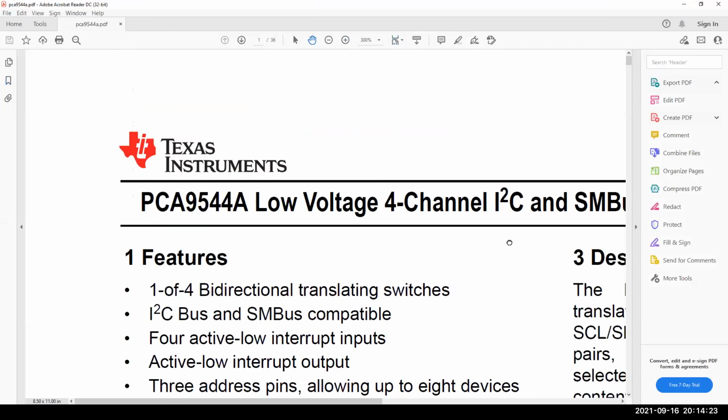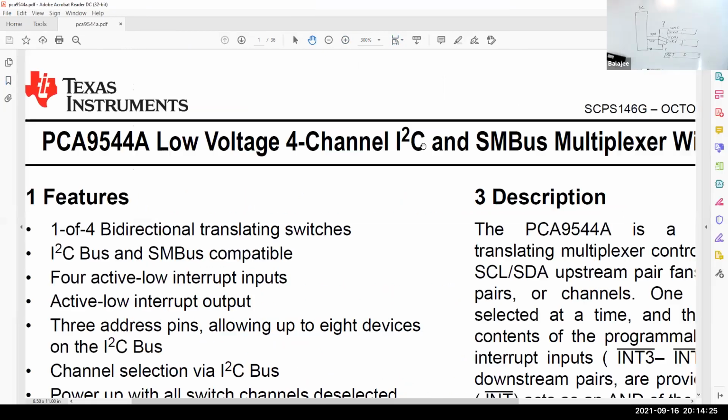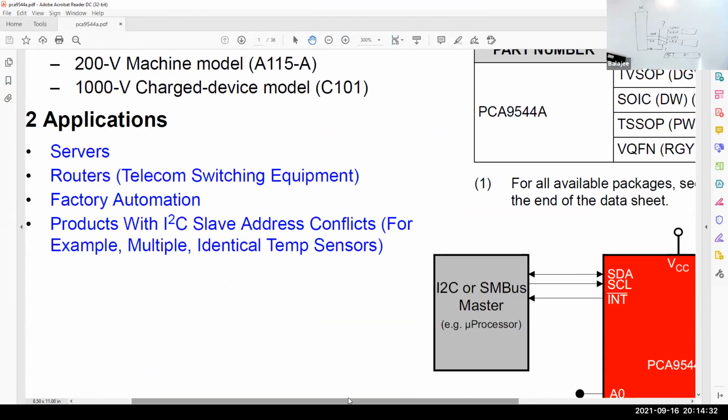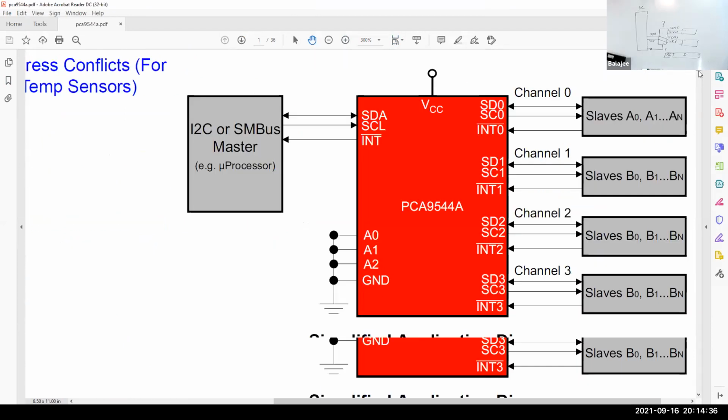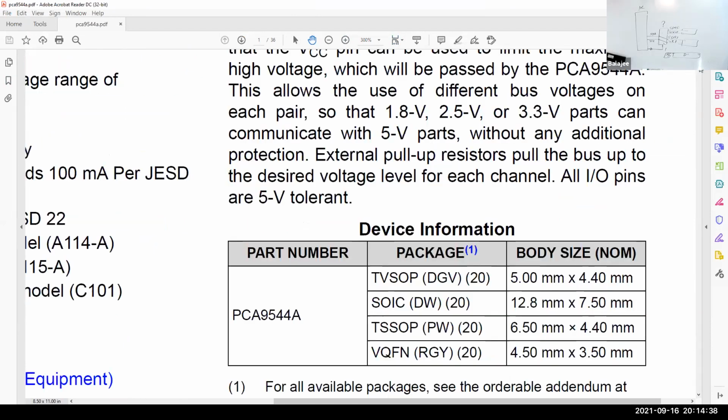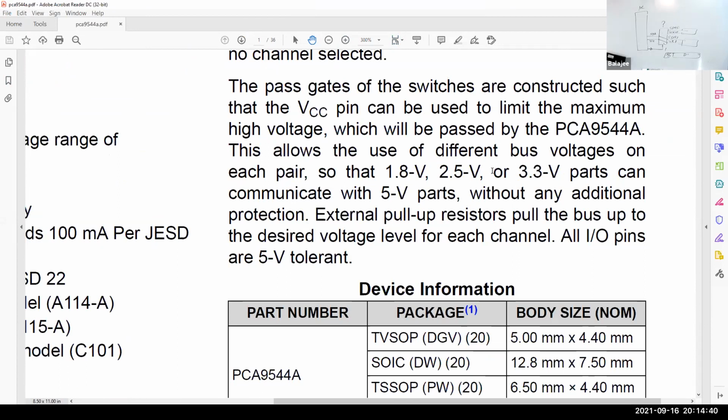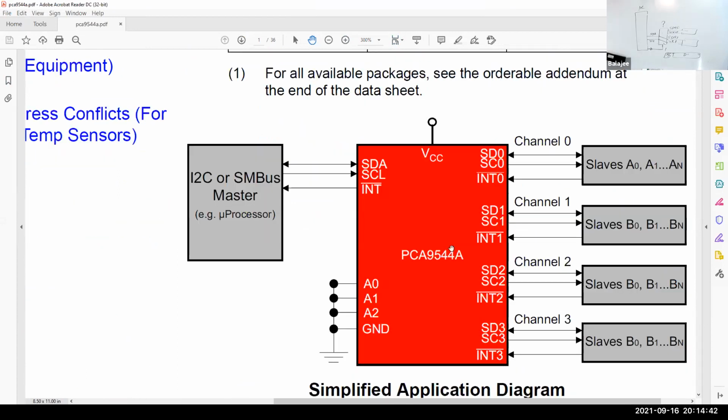This is four-channel. I'll discuss later what SMBus is. I2C and SMBus are the same. Now you see here, this is a block diagram. This has channels 1, 2, 3, 4. This is a chip called PCA9544A from Texas Instruments.